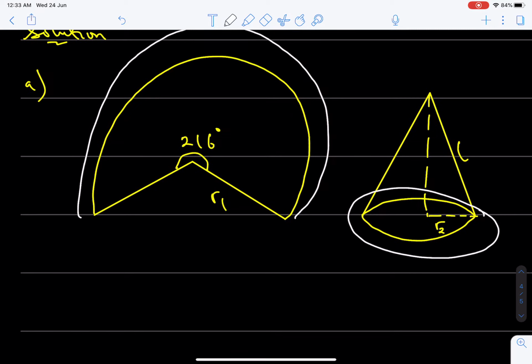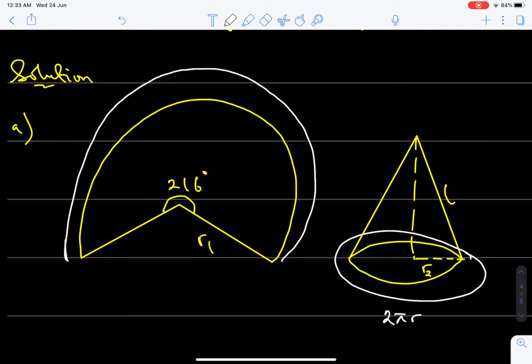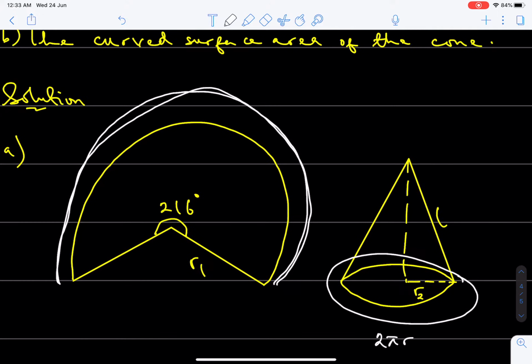The circumference of the base of the cone is given by 2 pi r, because that base is a circle, and it is the same as the length of the arc of a sector that is folded into the cone, and that's given by theta over 360 times 2 pi r.